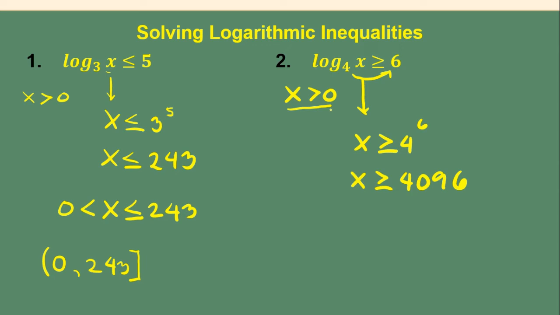So since they are both greater than, we will just copy this solution for our solution set. So for our interval notation, it will be from 4096 up to positive infinity, because x is greater than or equal to 4096. So we put a bracket, meaning 4096 is included.